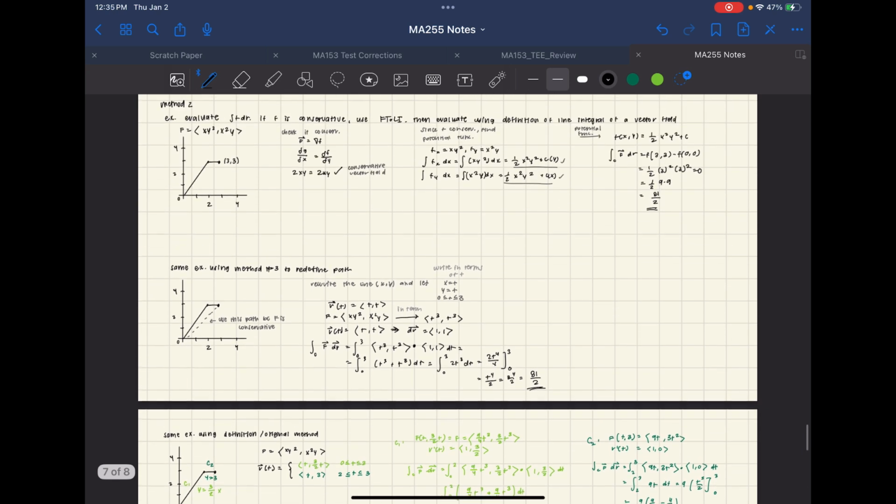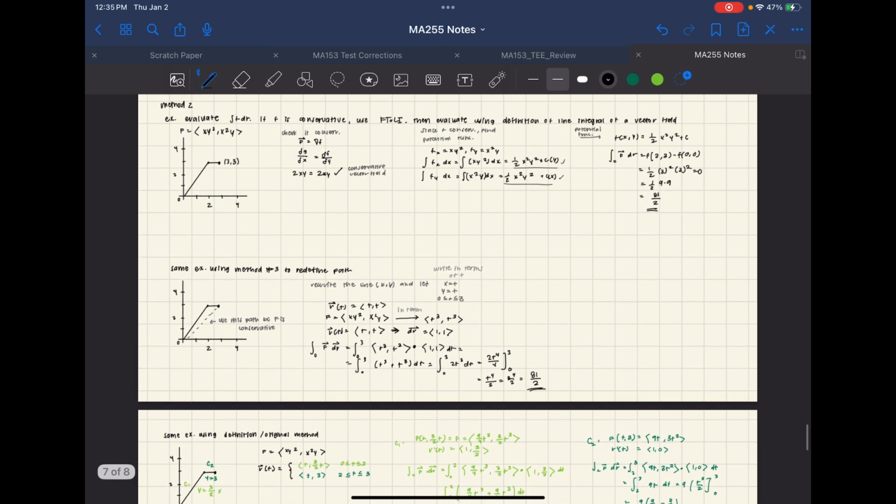But if you were to perform all 3 on an example like this one, you would get the same answer using all 3 methods. So to wrap it up, line integrals give us a way to calculate quantities along curves in both scalar and vector fields.